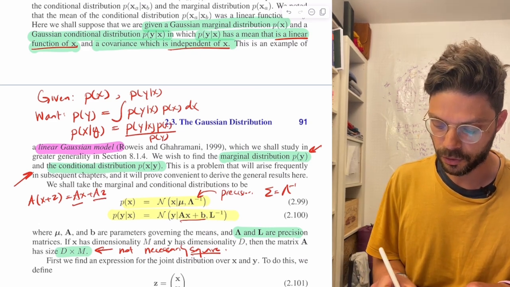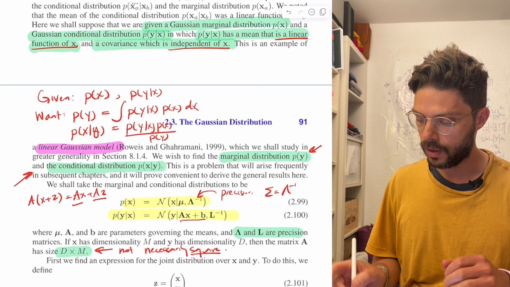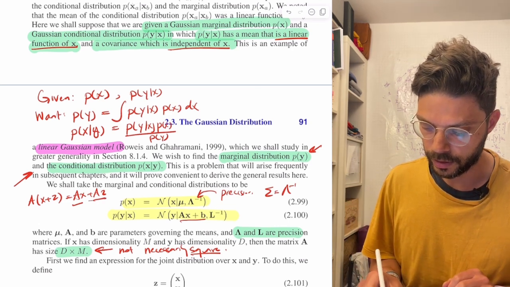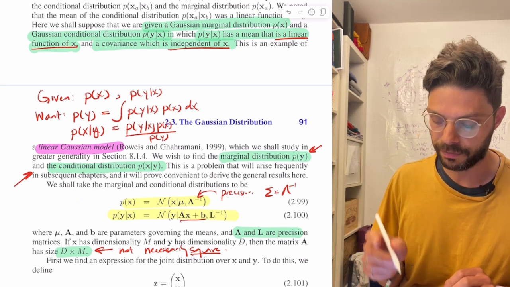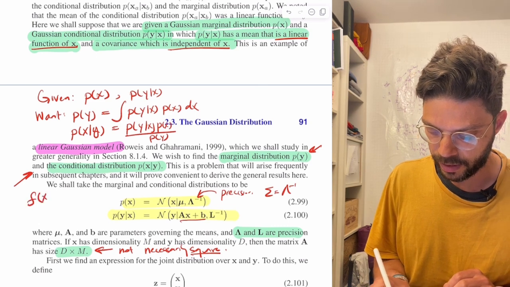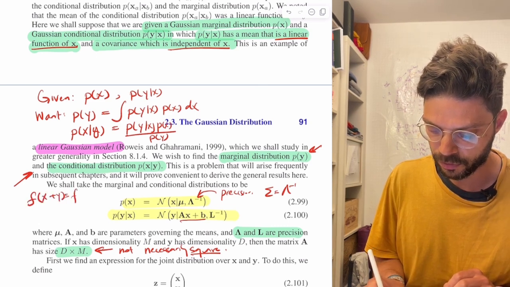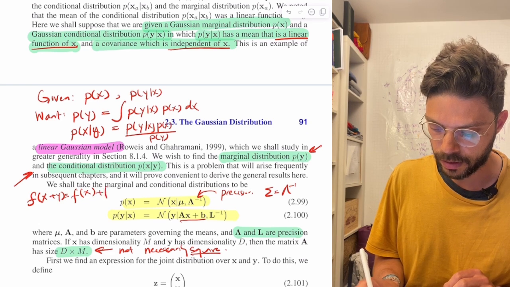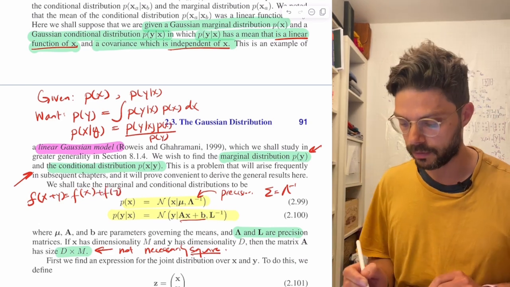Let me make it more clear. For a linear function, f of x plus y is supposed to equal f of x plus f of y. That's one of the properties of a linear function.